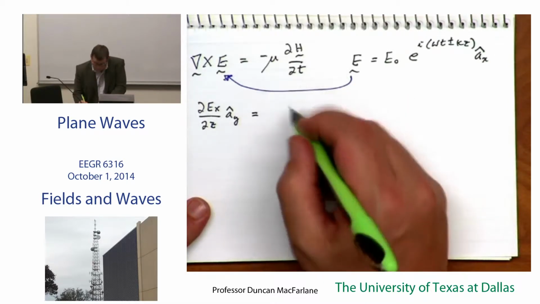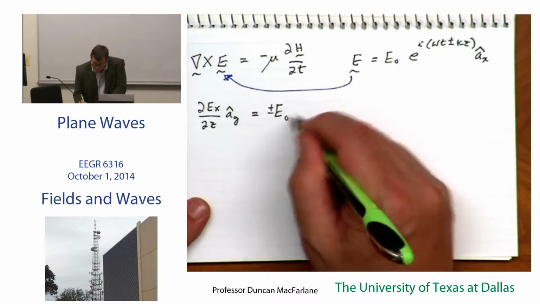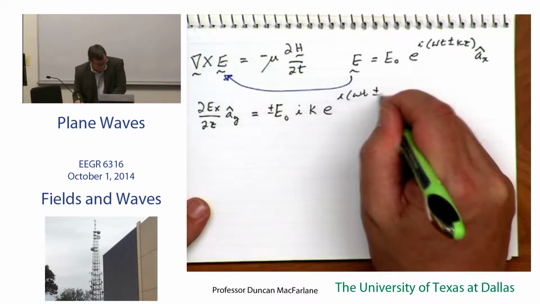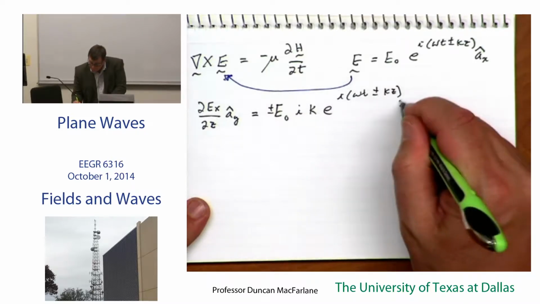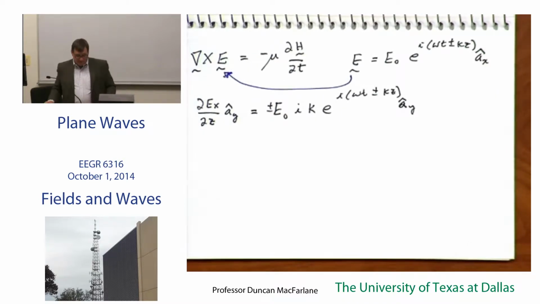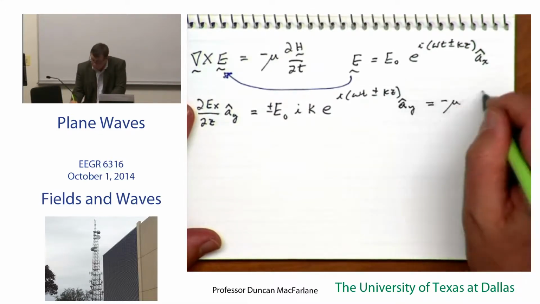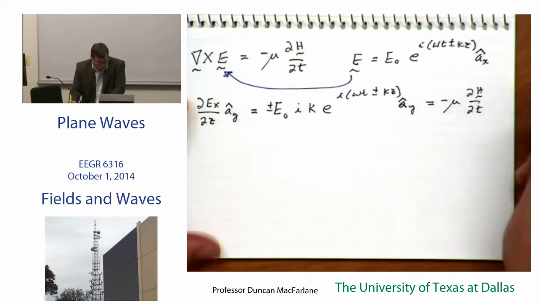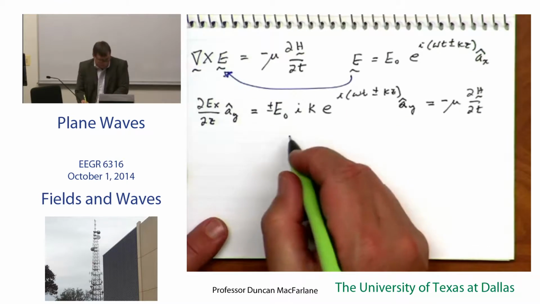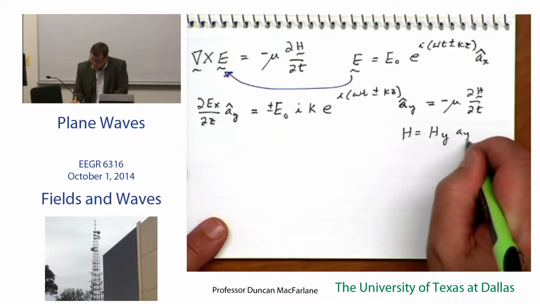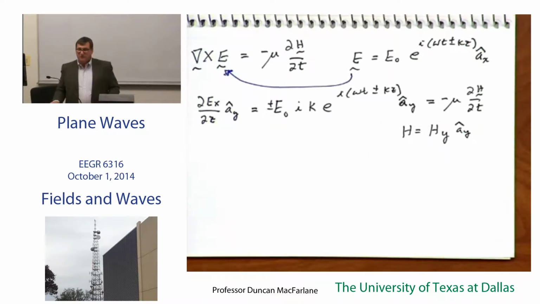And so when I take the derivative with respect to z, I pull down an ik. And this should equal minus mu del h del t. One of the things that tells me is h is equal to h sub y a sub y. It points in the y direction. That's kind of interesting.